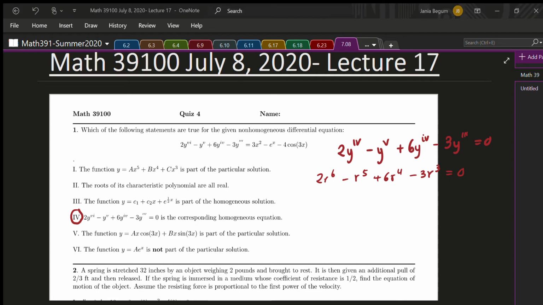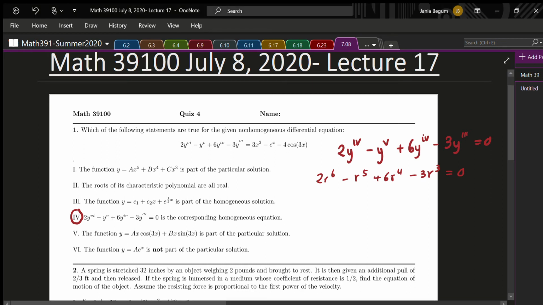So which method was useful for this question? Yeah, right, let's factor.